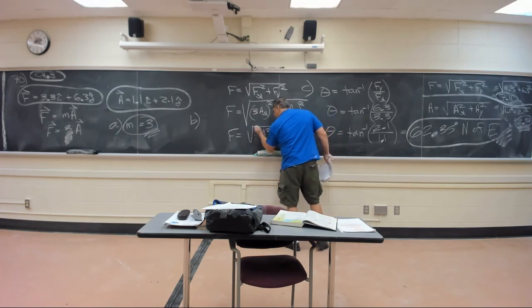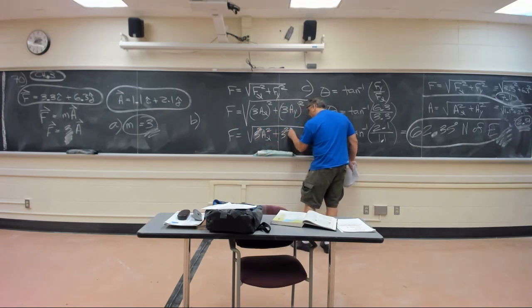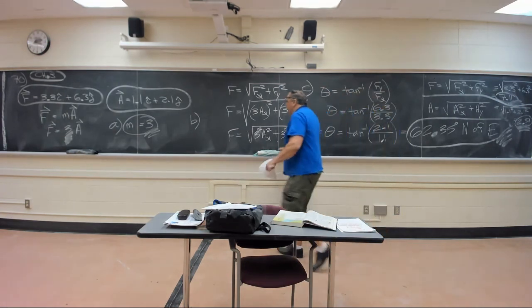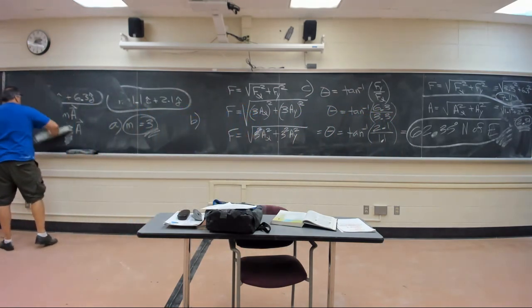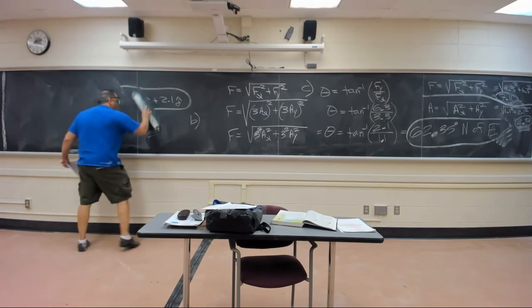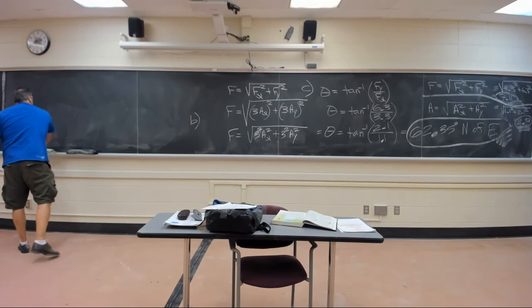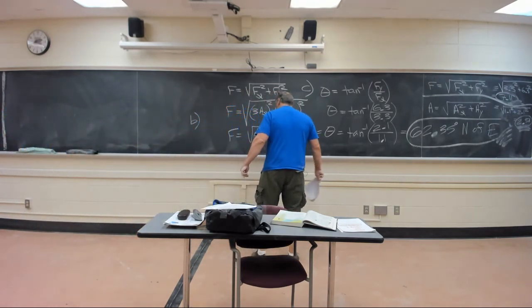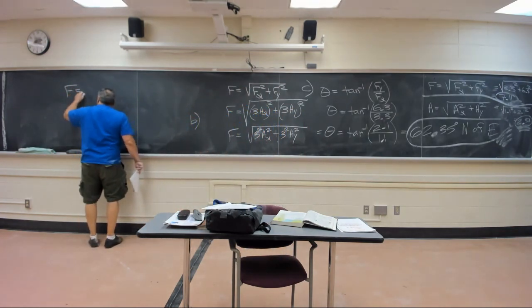It is 9, but let me not call it 9. Let me call it 3 squared. What's going on? What is this? If you look at it carefully, I'll tell you what it is.